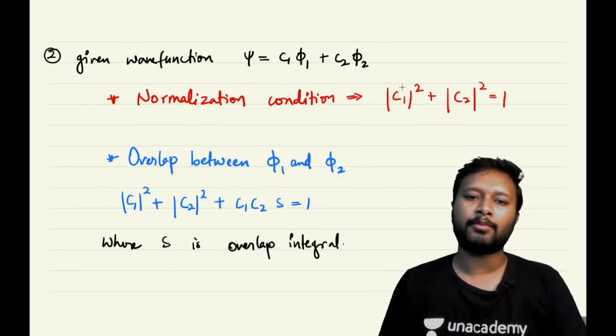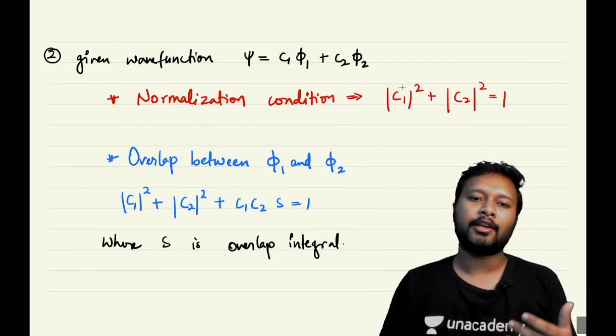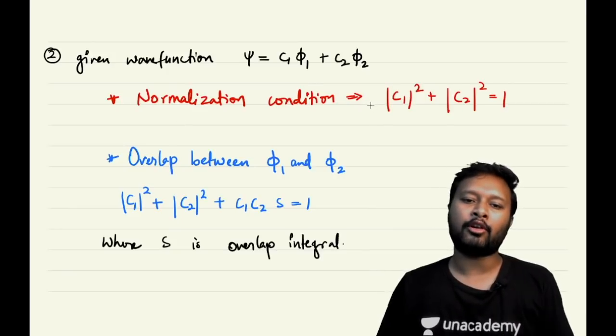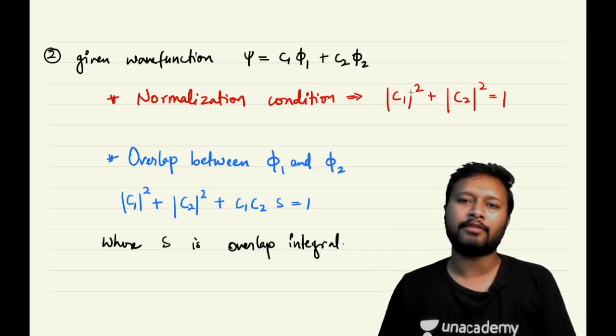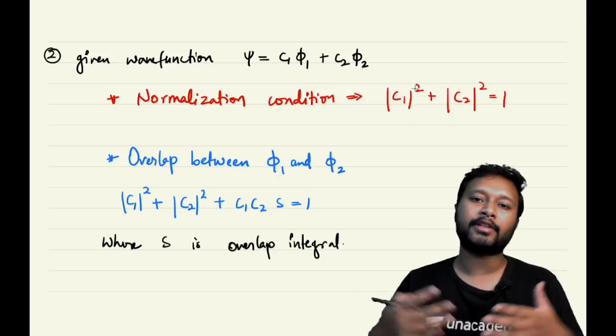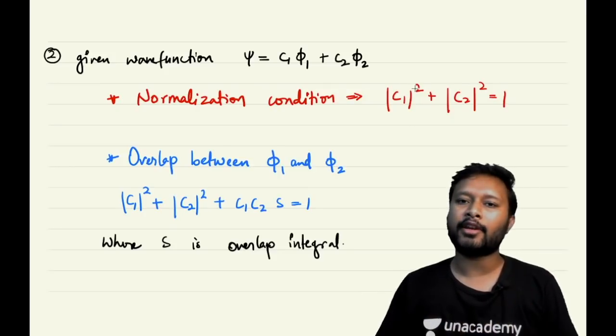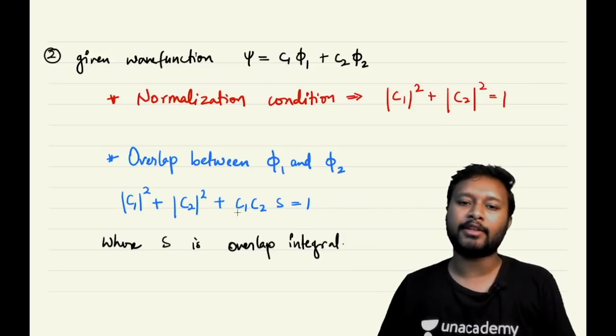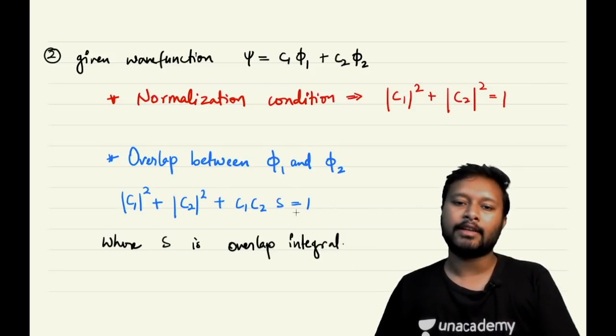The other type of question based upon your valence bond theory is when the wave function is given to you and the normalization condition is asked. For the normalization condition, you just do C1 square plus C2 square equals 1. Or they might ask what is the percentage overlap between phi 1 and phi 2. For that you have to satisfy this equation: C1 square plus C2 square plus C1 C2 s equals 1.